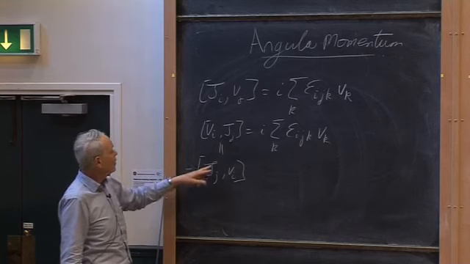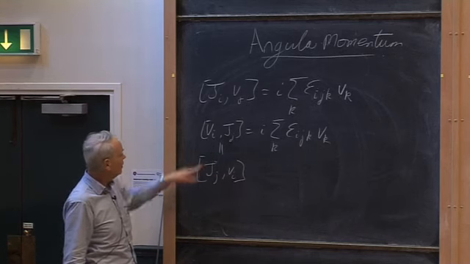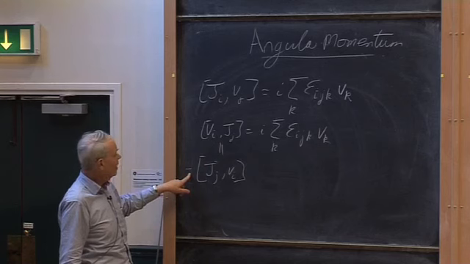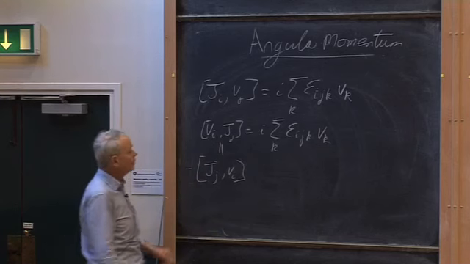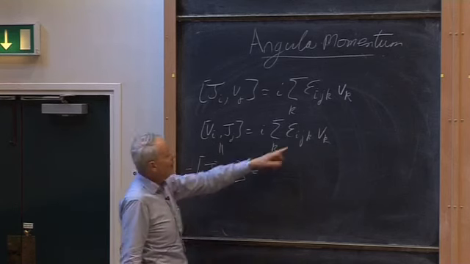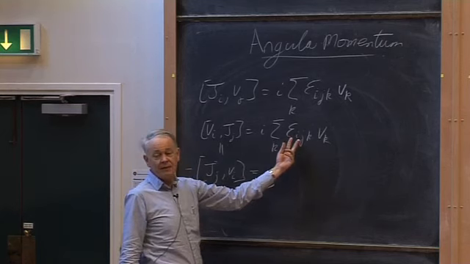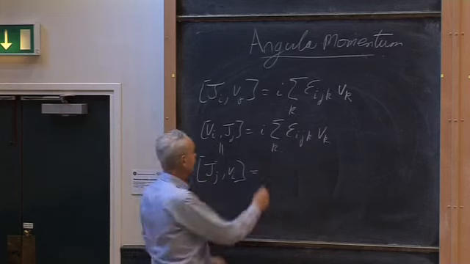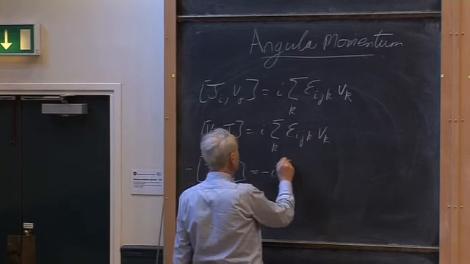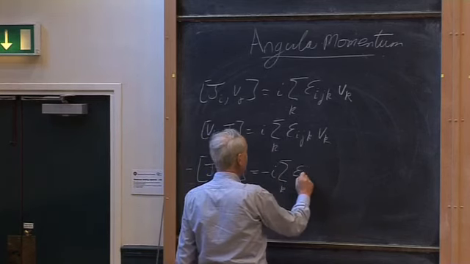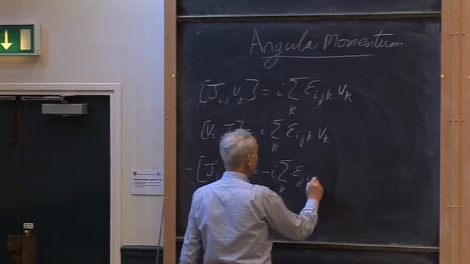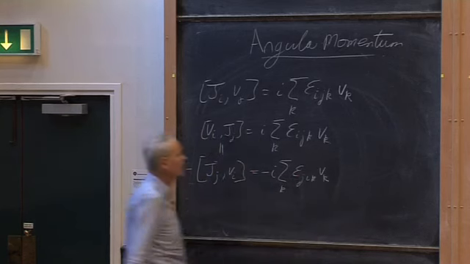So if I swap these two operators, of course I pick up a minus sign. But then I can pick up a matching minus sign on the right side by swapping these two indices of the epsilon symbol. So that's minus i sigma k epsilon j i k v k.